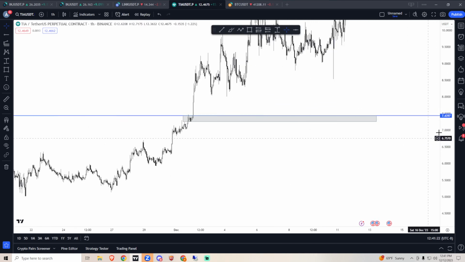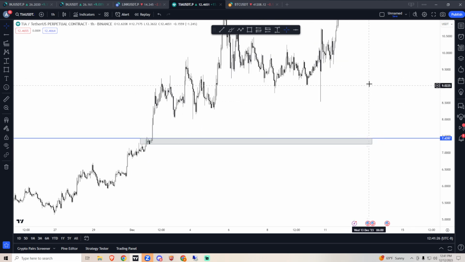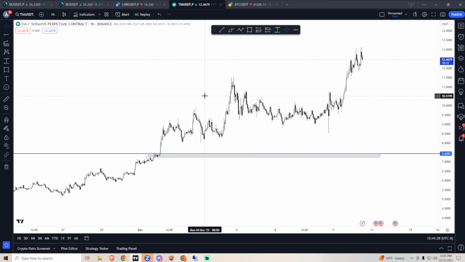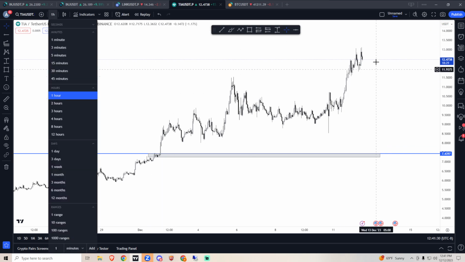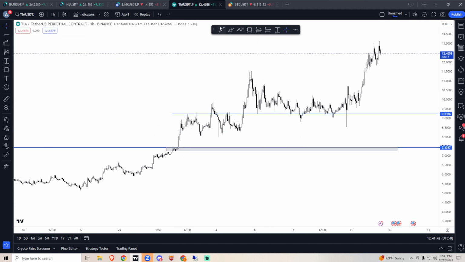Okay? So 7.45 level, you can front run it, but here was, right, range lows.